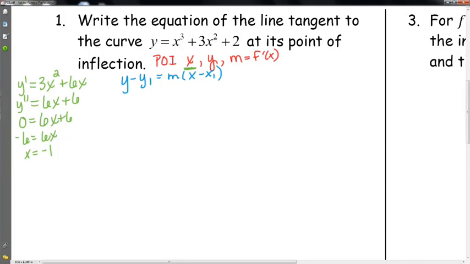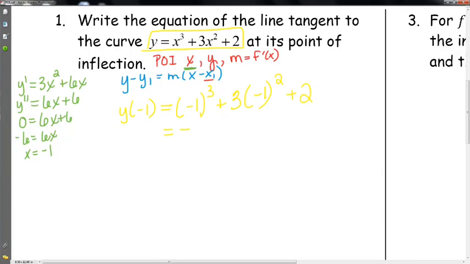Okay, so right now we have our x1. To find our y-coordinate, all you're going to do is plug into the original function. So y of -1, again going back into the original function, is going to be -1 to the third plus 3 times -1 squared plus 2.